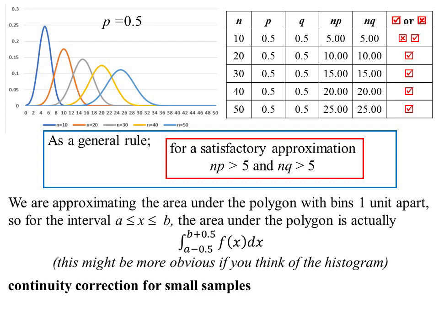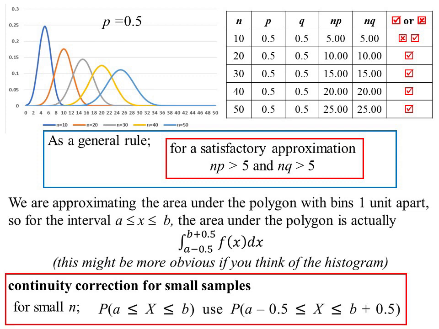It's not a big deal to worry about, to be honest, but just to let you know, when they're small samples, when we're finding the probabilities, rather than going between A and B, we might add 0.5 and subtract 0.5 just to get a better estimation. Not something, as I say, we should be worrying about, but that's what we do in stats. We have this thing called a continuity correction.